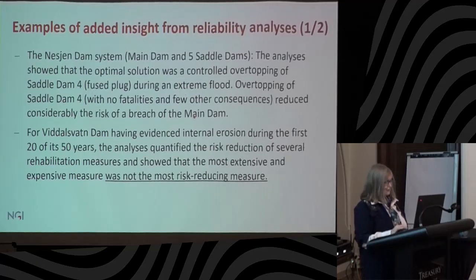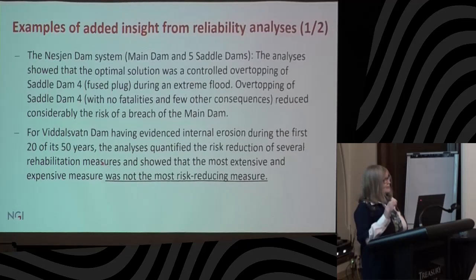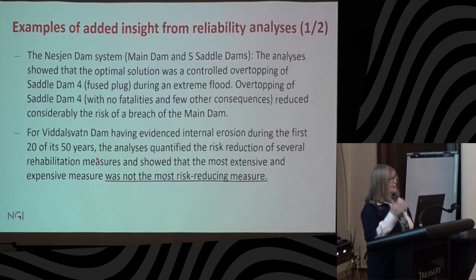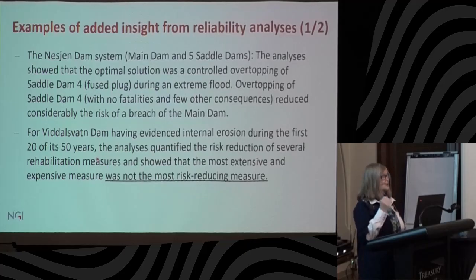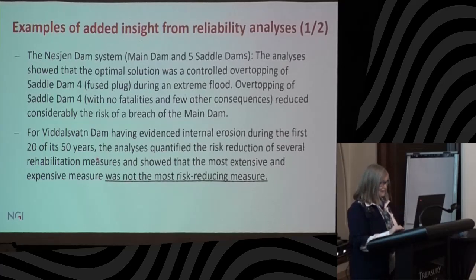So, for another dam called Vidalsvatn, it had evidence of internal erosion over 20 years. There was so much grout in that dam. And for the past 30 years, it had behaved correctly, but we were very unsure how all this grout in the dam behaved. It's become a new material.